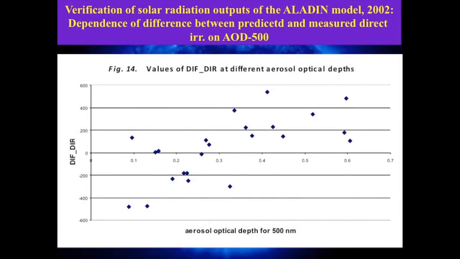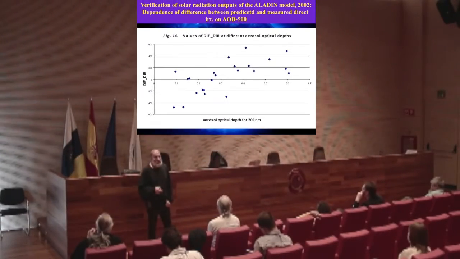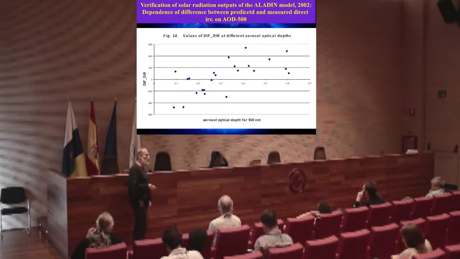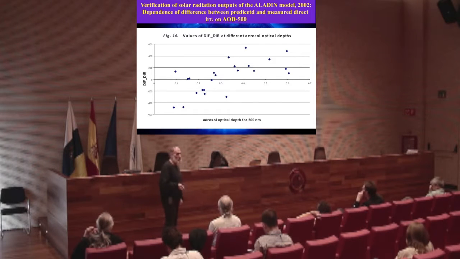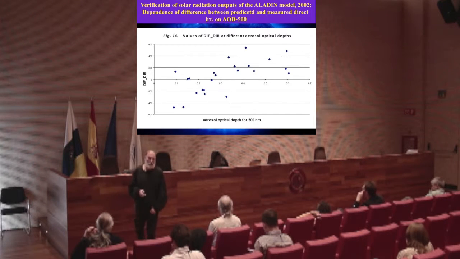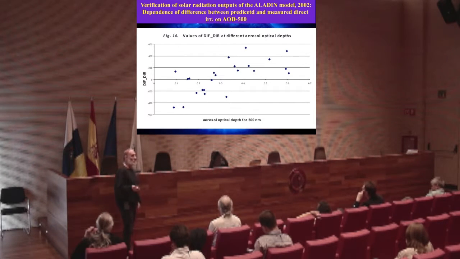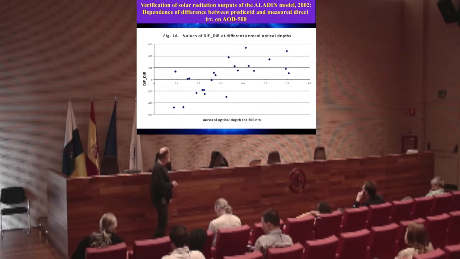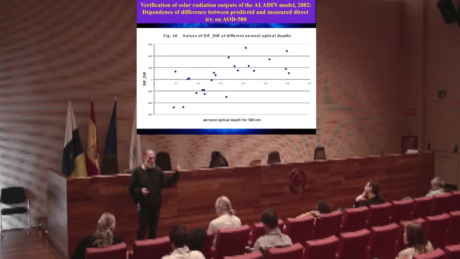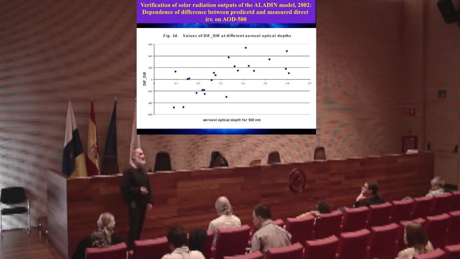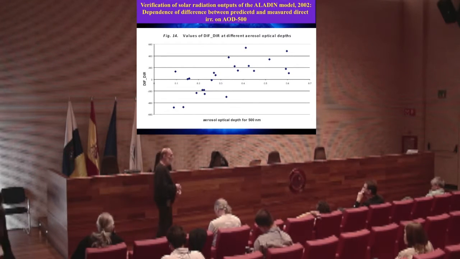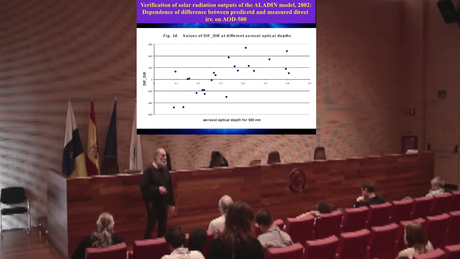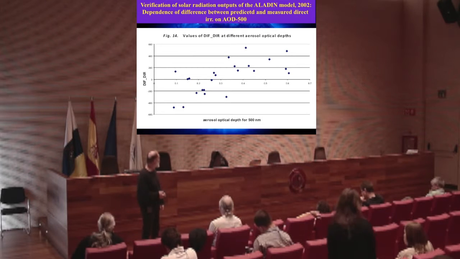Sometimes we verified forecast models. You know, ALADIN and the Aero model in Europe are very commonly used for weather forecasting, and they have solar radiation output, forecasted solar radiation parameters. The ALADIN model had direct, global and diffuse radiation. Aero has only forecasted global radiation.